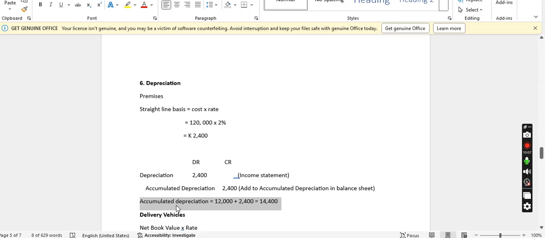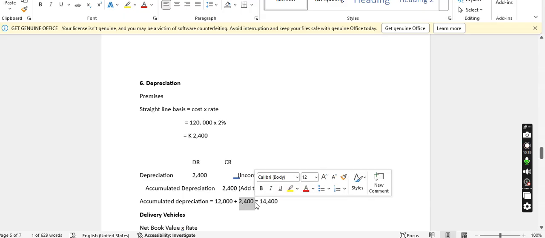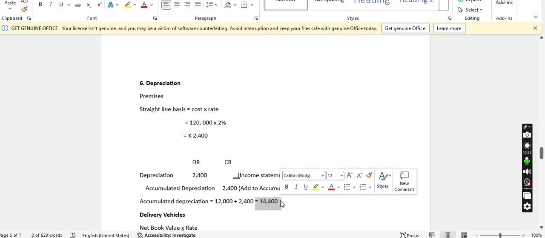So the accumulated depreciation for this year is going to be the original amount 12,000 plus the depreciation expense for the year 2,400. So 12,000 plus 2,400, we get 14,400.